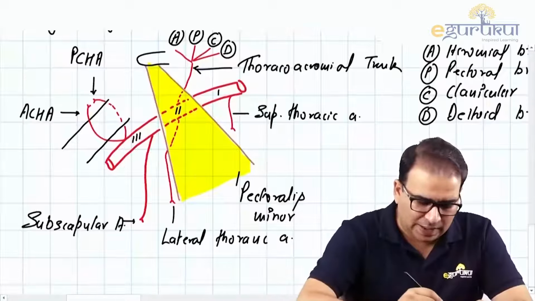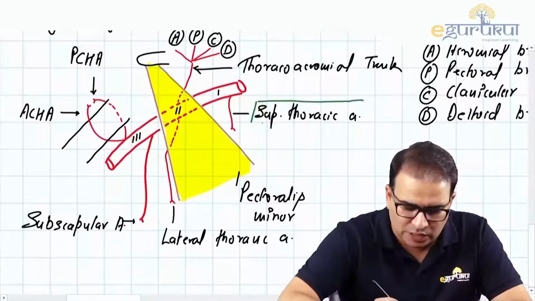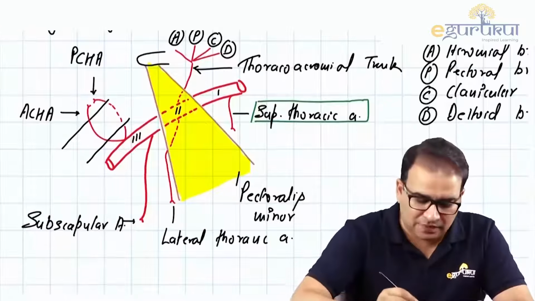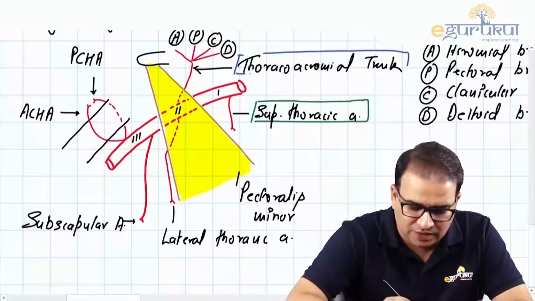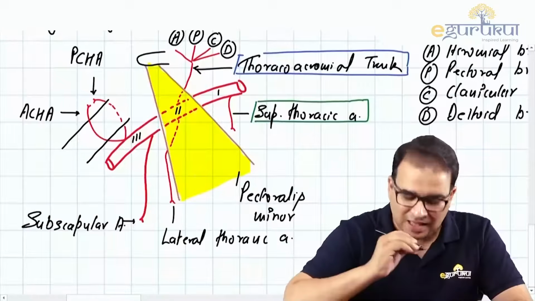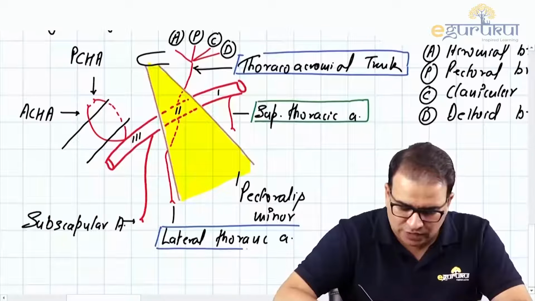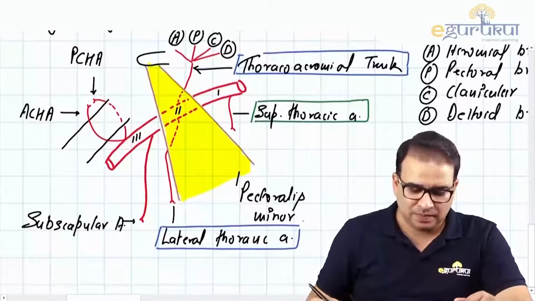Let me just quickly recap it for you. From the first part we have only 1 branch, and that only branch was superior thoracic artery. Second part we got 2 branches here. One is thoracoacromial trunk, which you can see further dividing into 4 branches, and also the lateral thoracic artery. You can see they are coming out of the upper border and the lower border of pectoralis minor muscle respectively.